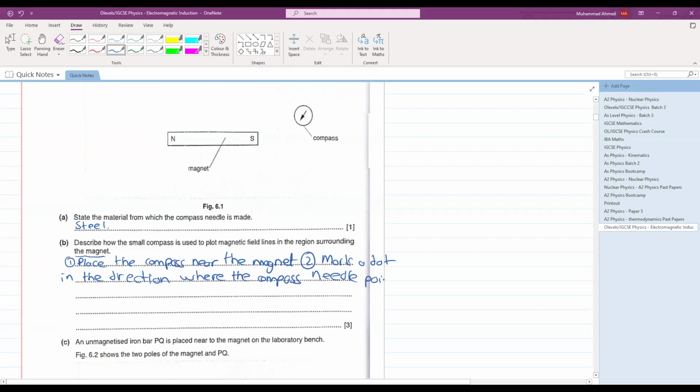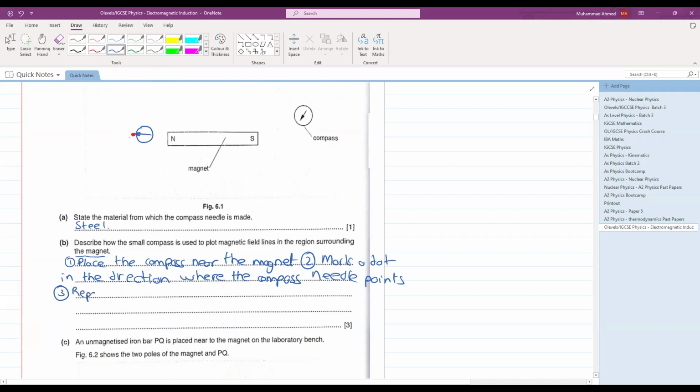Let's say you have placed your compass somewhere here and your compass needle is pointing like this. So you will mark a dot where the compass needle points. Okay. What is your third point?